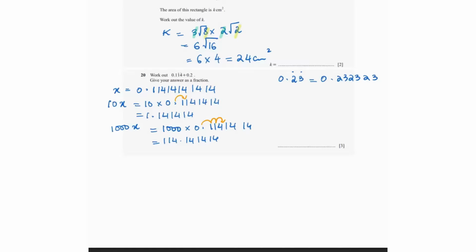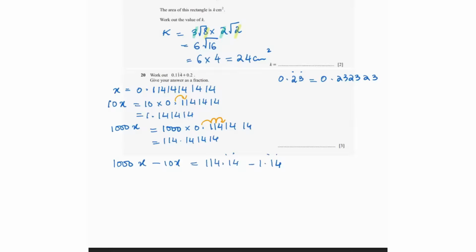So now, next what you'll do is you will subtract 1000x and 10x. And on the right hand side, we will subtract 114.14 recurring and 1.14 recurring.